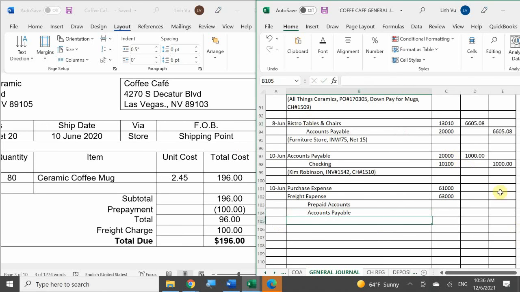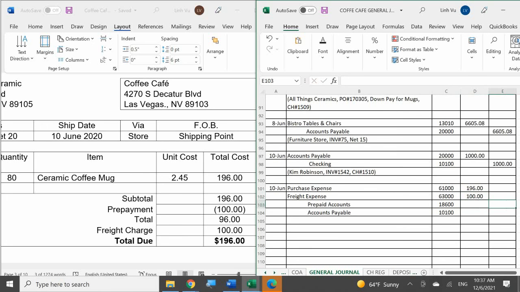We're going to place it on an account. So in this case, let's go ahead and fill in my numbers here. How much was my total purchase price? 196. How much was my freight? 100.